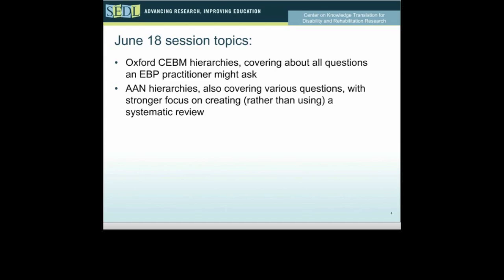And we looked at the AAN, the American Academy for Neurology hierarchies, which also cover a number of questions, and which, much more than the Oxford approach, strongly focus on creating rather than just using a systematic review.